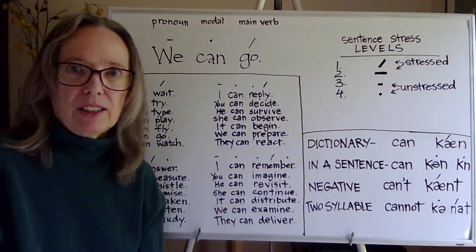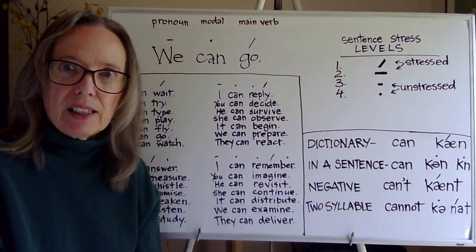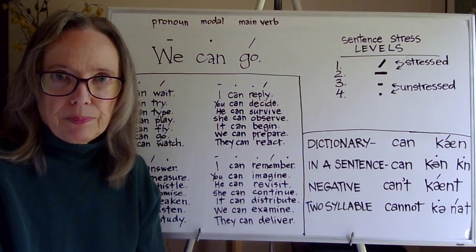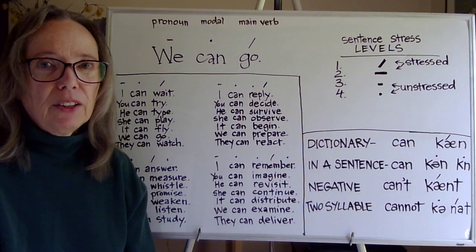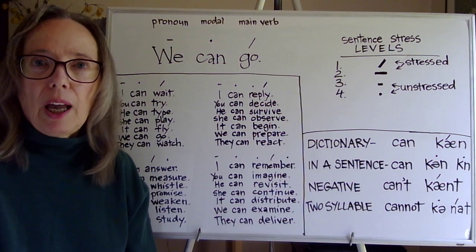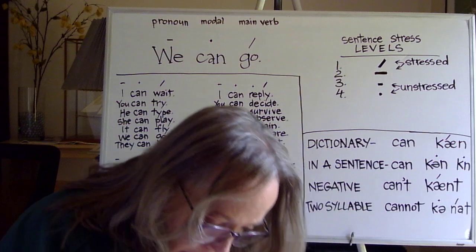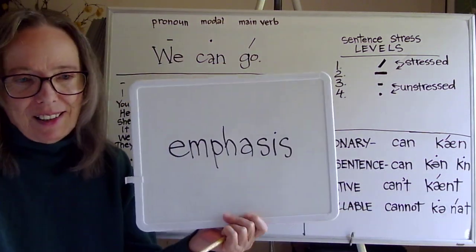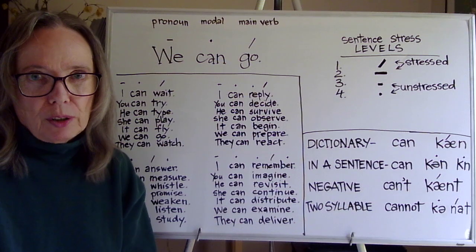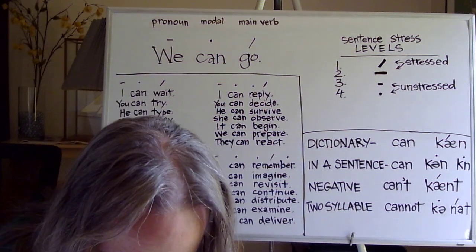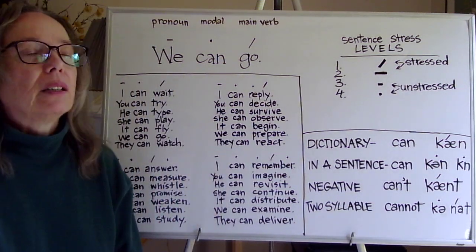Now, this is the basic structure. This is the basic sentence stress. But you can change it if you want to emphasize one of the words. And you do that because you are adding meaning.